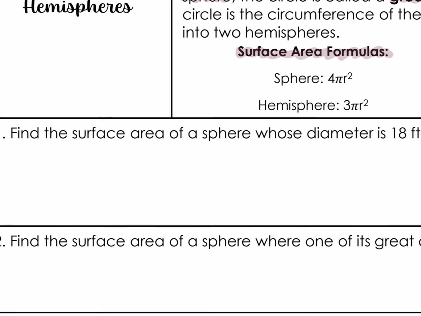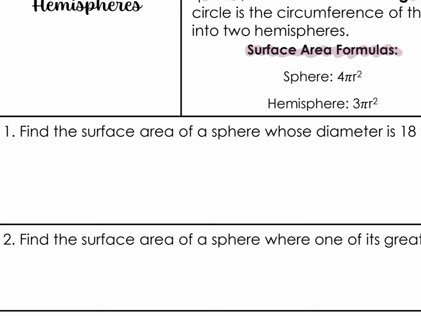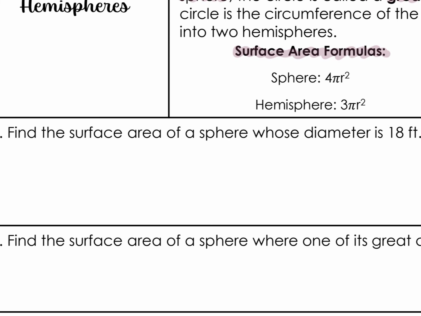For number 1, we have find the surface area of a sphere whose diameter is 18 feet. I'm going to start off with finding my radius, which is just dividing that diameter by 2 to get 9. From there, I can just plug into my formula, which is 4 pi times my radius squared.